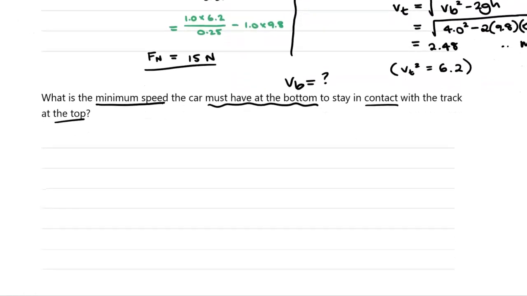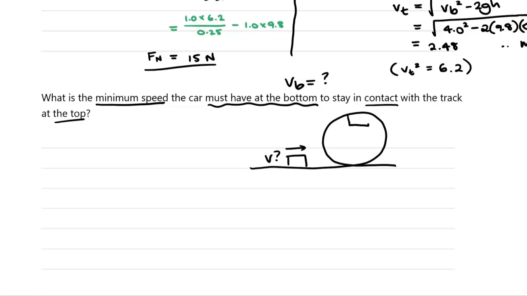We've got our loop-the-loop situation again. We've got v of the mass at the bottom, we don't know. And we want to know what velocity that must be in order for this cart to remain in contact at the top here. So what we're going to do is look at that boundary condition.